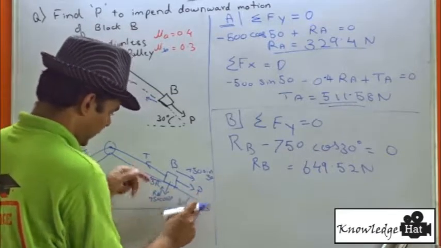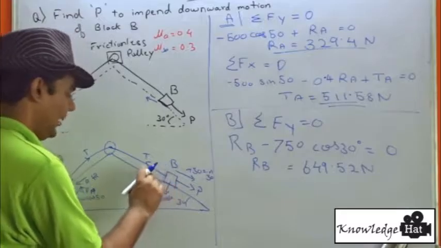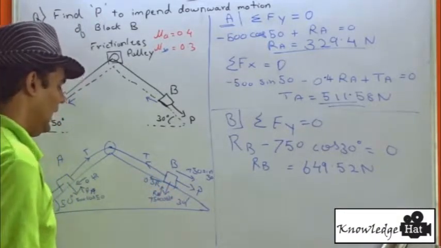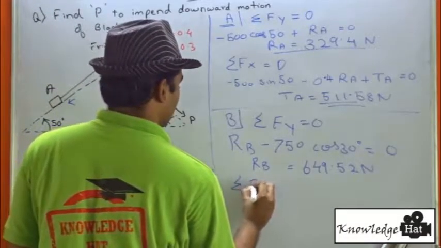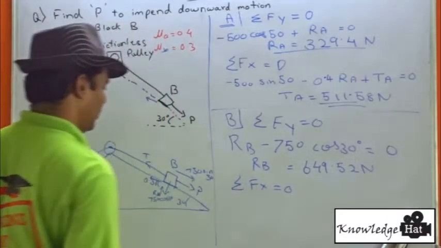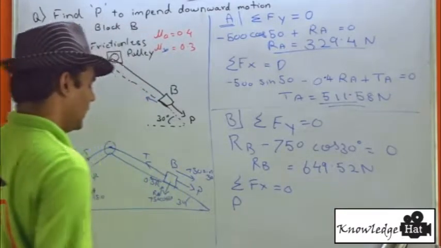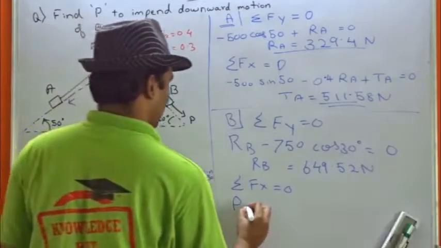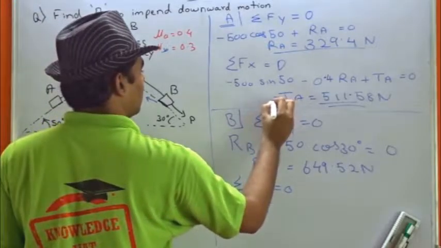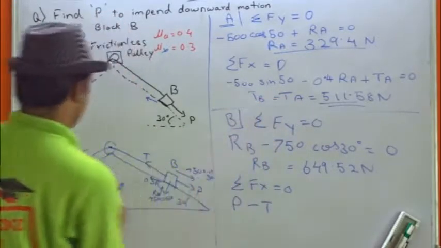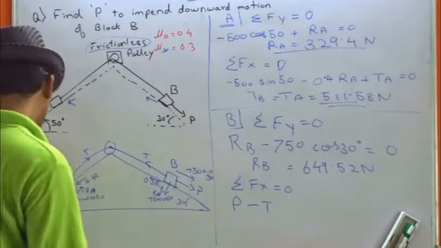We need to find P, which is in positive x direction. We have calculated T, and now we have the reactional force as well. So we can directly jump to summation Fx and equate this to 0. P is in positive x direction, so it is positive. T is in negative x direction, so it is negative. We already have the value of T. TA is also equal to TB because it is a frictionless pulley, and it is given to us that this is a frictionless pulley.